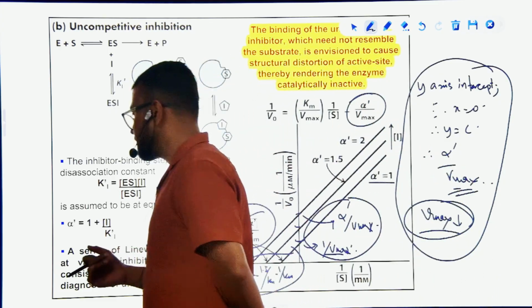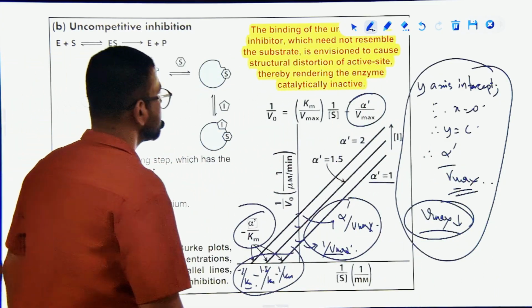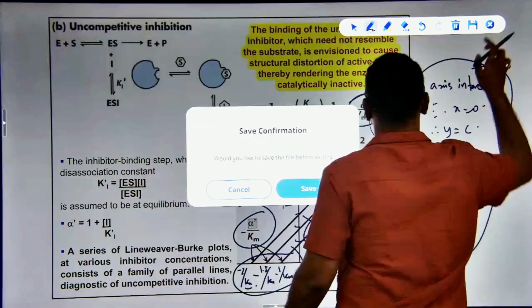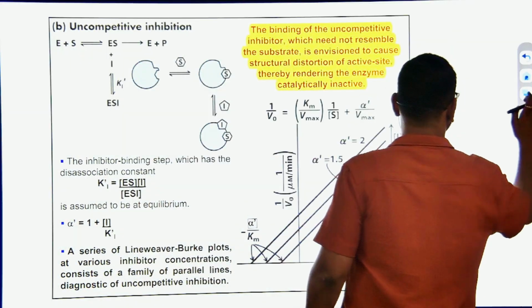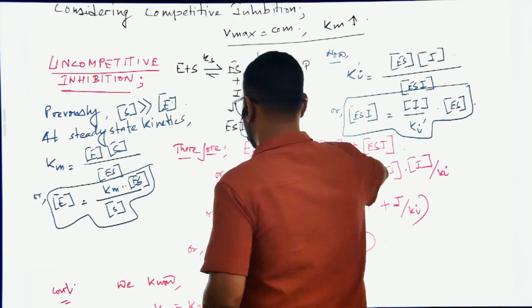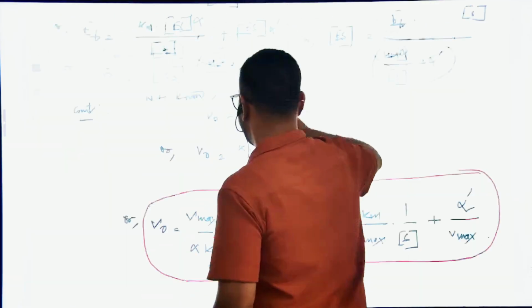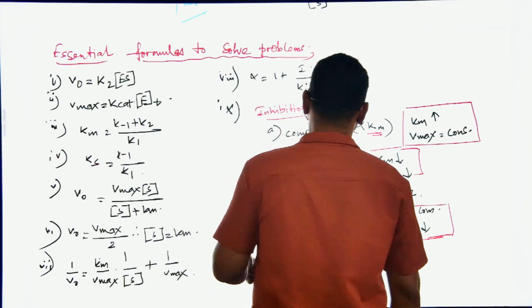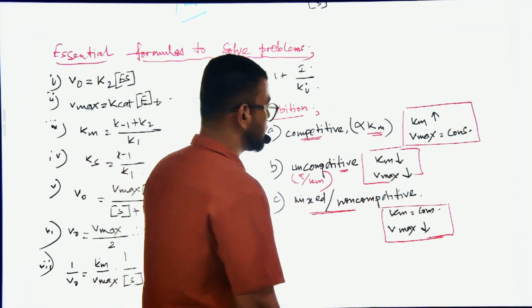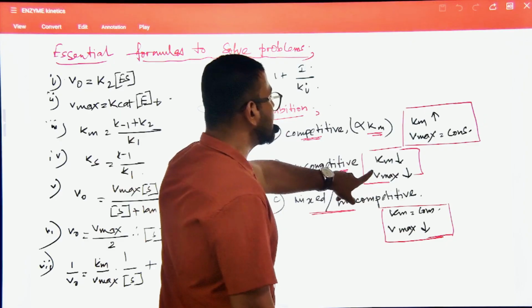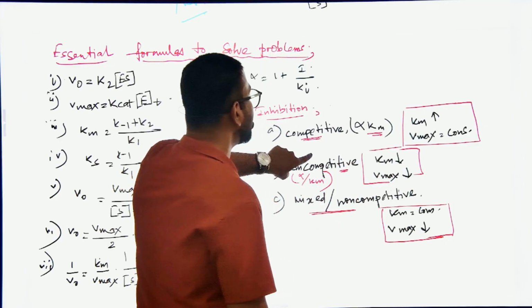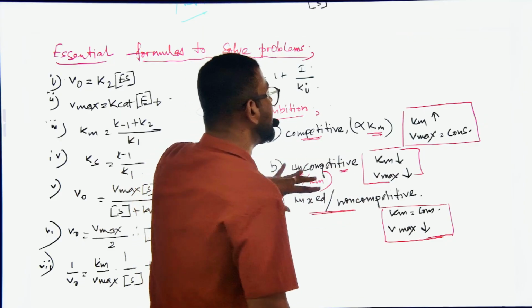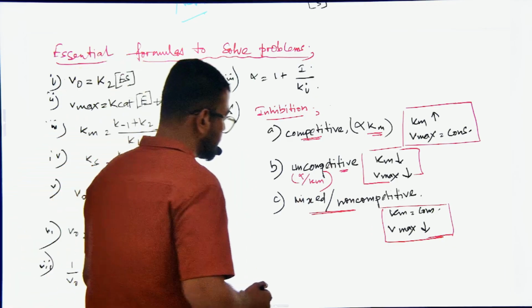You can easily do it. So for uncompetitive inhibition, both Km and Vmax are decreased.